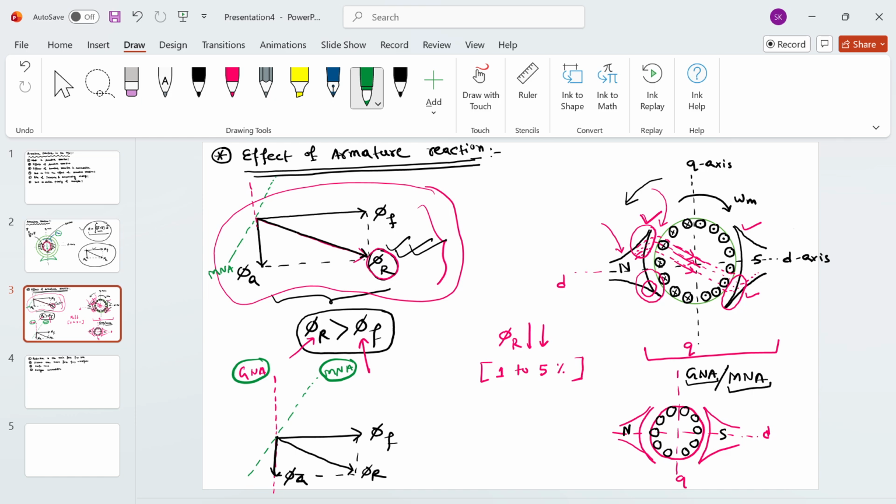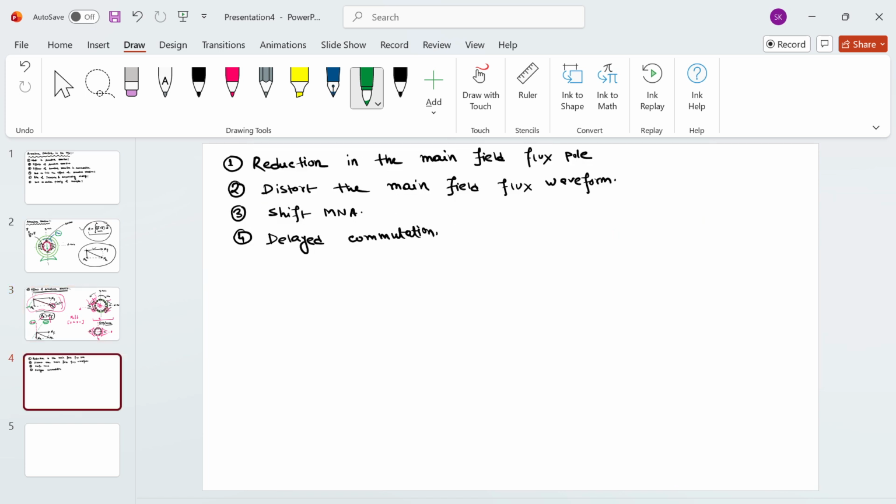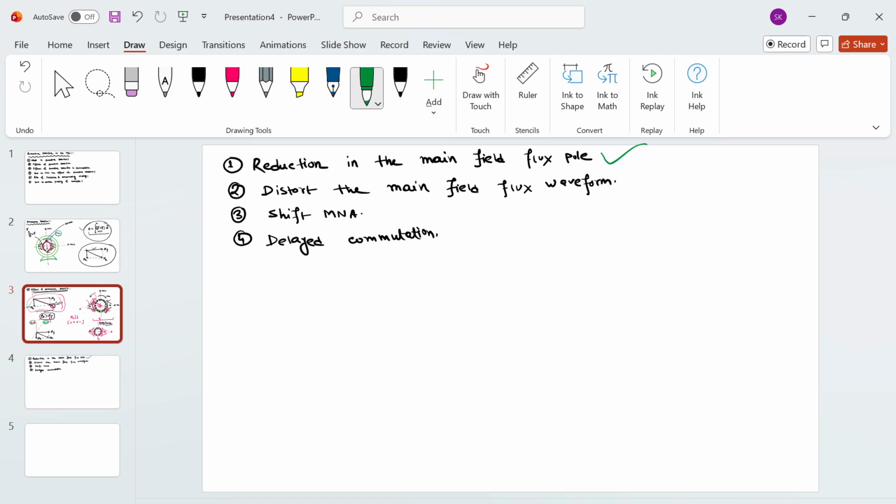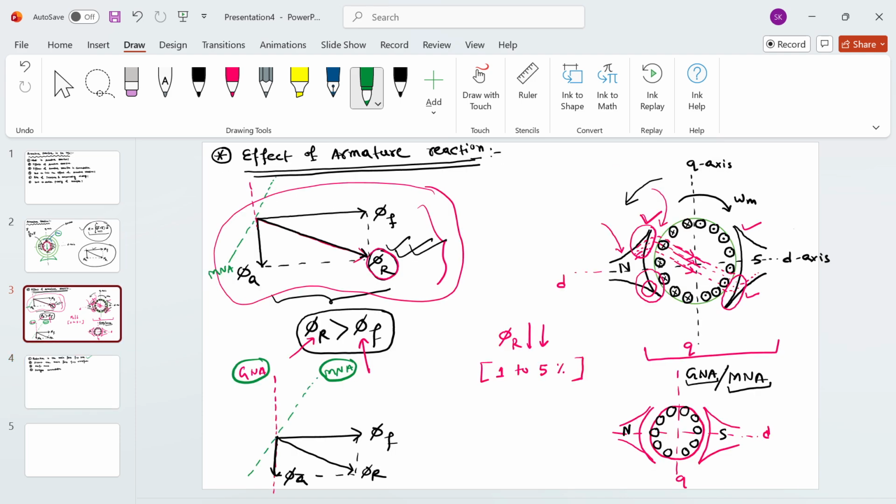If I try to summarize, these are the main points. Because of armature reaction there is a reduction in the main field flux per pole, and it also distorts the main field flux waveform. Why does it distort? Because inside the machine, towards one pole tip the number of flux lines is more, and towards the other pole tip the number of flux lines is much less.